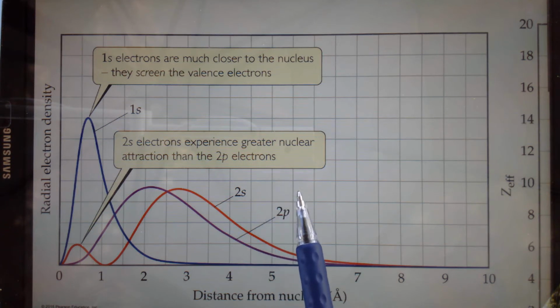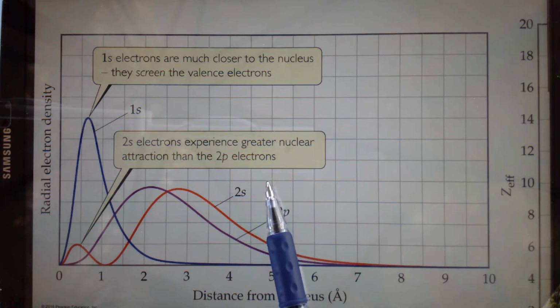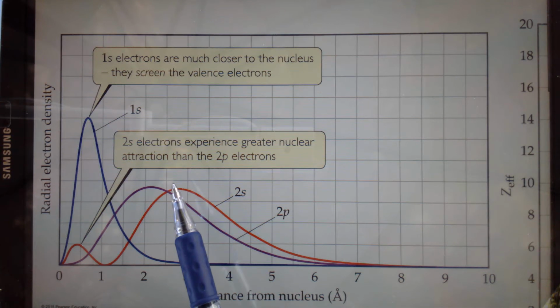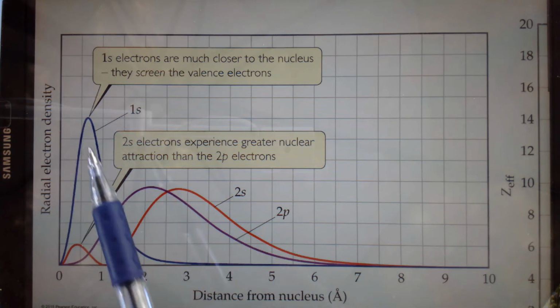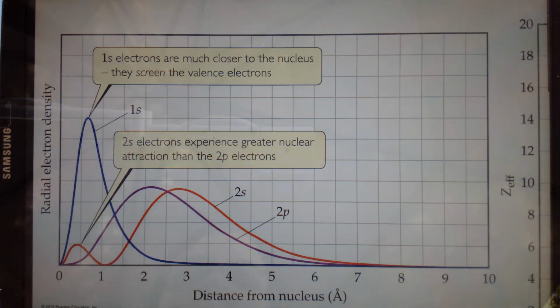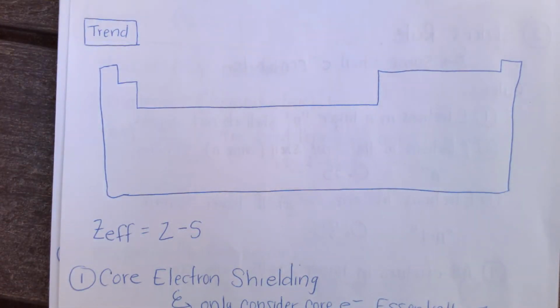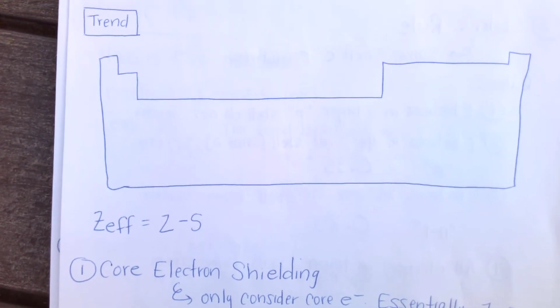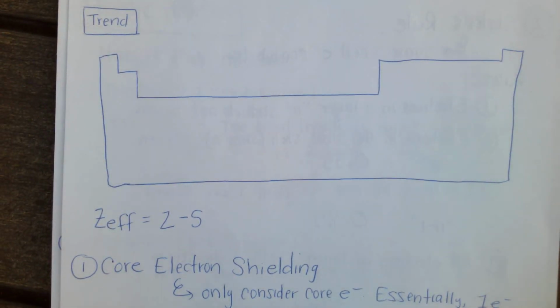So for an n equals 3 electron, most of the probability of the n equals 2, and of course the n equals 1, is going to be a lot closer to the nucleus. This is important because it leads us to our first approximation for calculating screening, Slater's law.